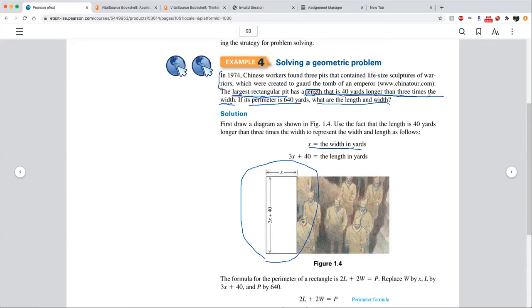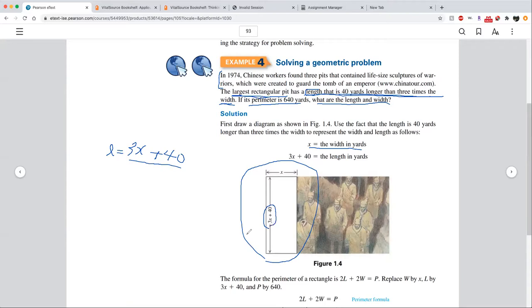Let me say the length is L. The length is 40 yards longer than, it means that we add 40, right? Longer than 3 times the width means 3 times x, right? So 3x plus 40 is going to be the length. You see 3x plus 40 right there.